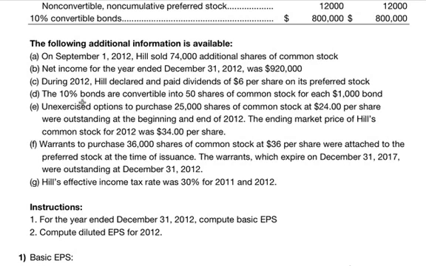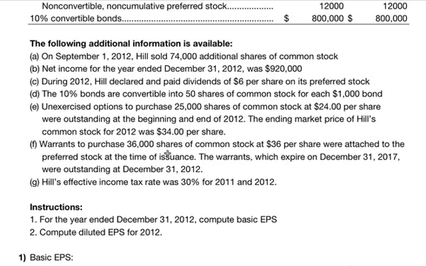The 10% bonds are convertible into 50 shares of common stock for each $1,000 bond. Unexercised options to purchase 25,000 shares of common stock at $24 per share were outstanding at the beginning and end of 2012. The ending market price of Hill's common stock for 2012 was $34 per share.